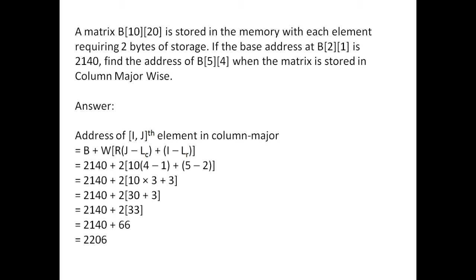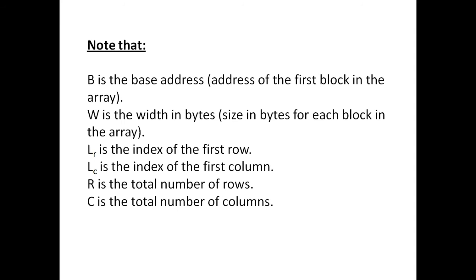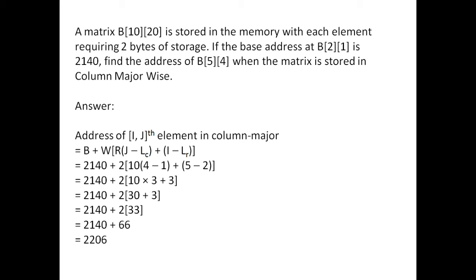Calculation is very simple. First of all, you have to find B, W, R, J, LC, I and LR. You should find these values first. Once again, B is the base address, W is the width in bytes, LR is the index of the first row, LC is the index of the first column, R is the total number of rows, C is the total number of columns.